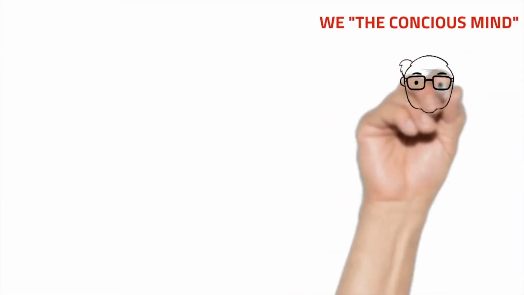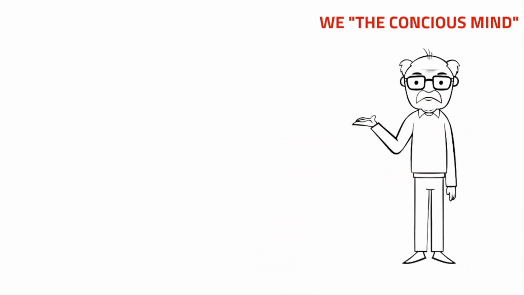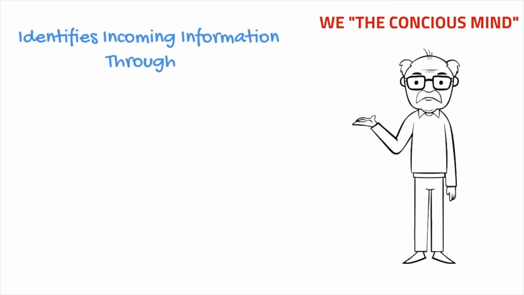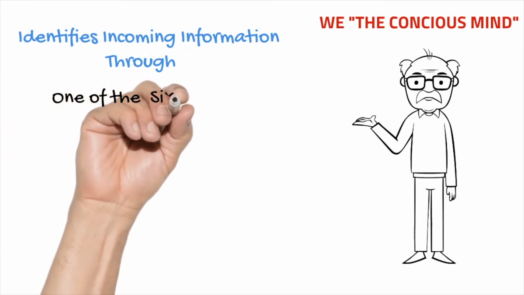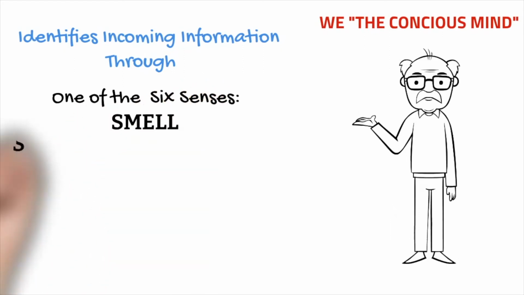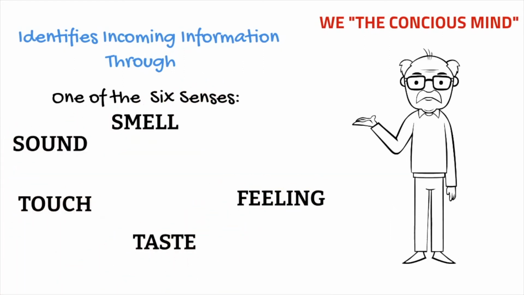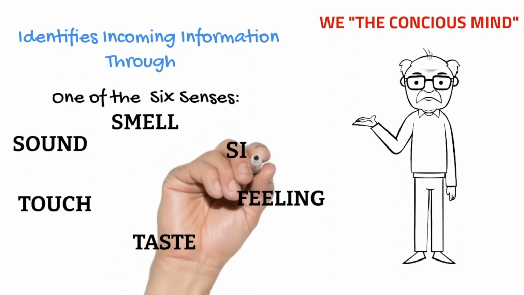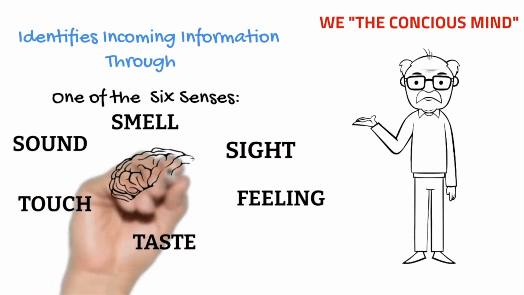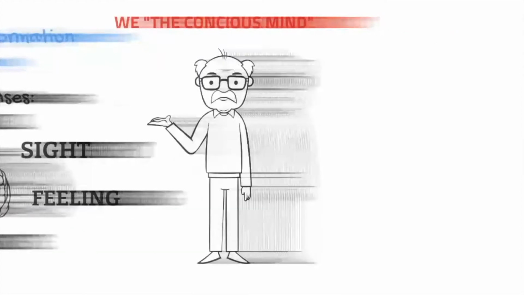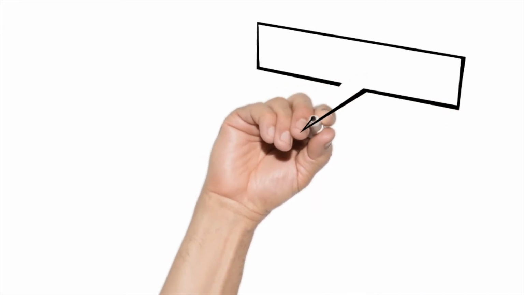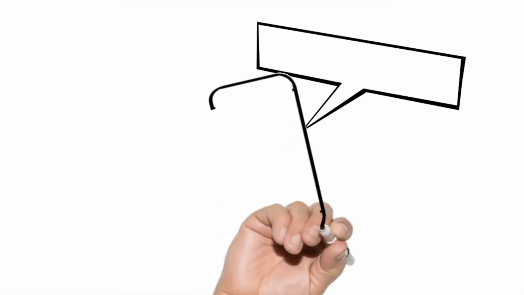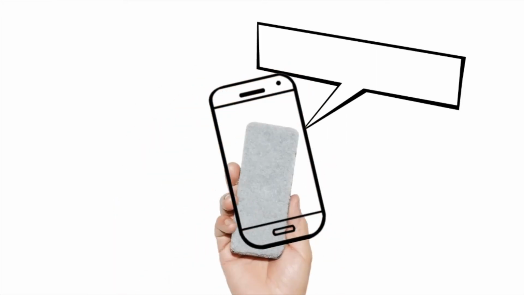Conscious mind is ideally we. We receive and identify incoming information through one of the six senses, which are smell, sound, touch, taste, feeling, and sight, looking at something. So these are the six ways we receive any external information. Our conscious mind receives that information, identifies and processes it, and then goes to the subconscious mind for instruction on how to respond.